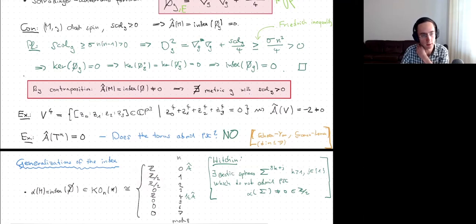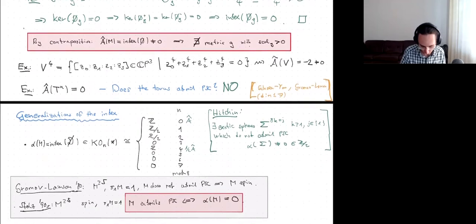For instance, Hitchin realized that there are exotic spheres in these dimensions, starting from dimension 9 and 10, which do not admit positive scalar curvature, precisely for the reason that this kind of refined index does not vanish in Z mod 2. So that's the first generalization of the index. We can go from the integers to real K-theory. And this is actually quite powerful.